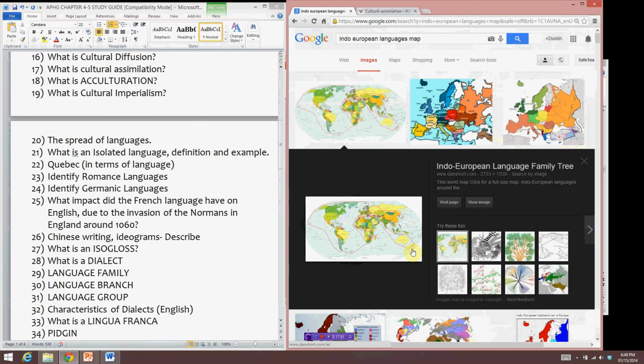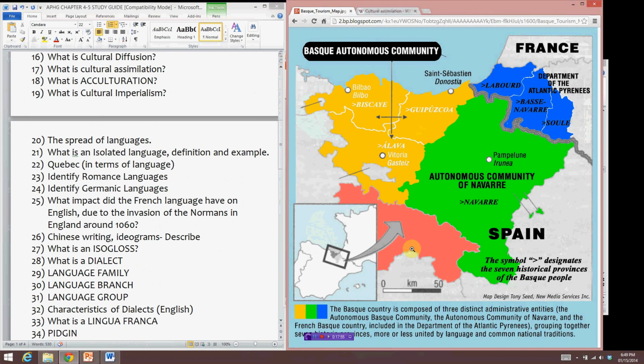Let me show you a map. Bam! This is a map that shows the situation of the Basque country, all right? The Basque Autonomous Community. These different colors represent the Basque people in this little area here. I'm not going to ask you to break this down, but I want you to know that the Basque people speak their own separate, isolated language.